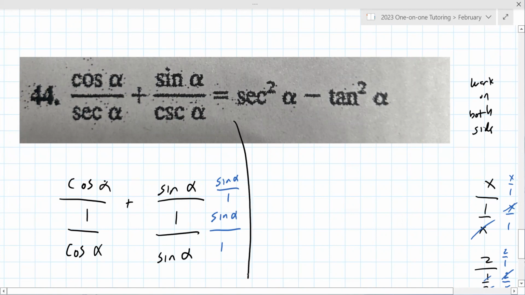Okay. So the right side, with squareds, you typically want to use an identity. So is there an identity that stands out for you for secant squared or tangent squared?